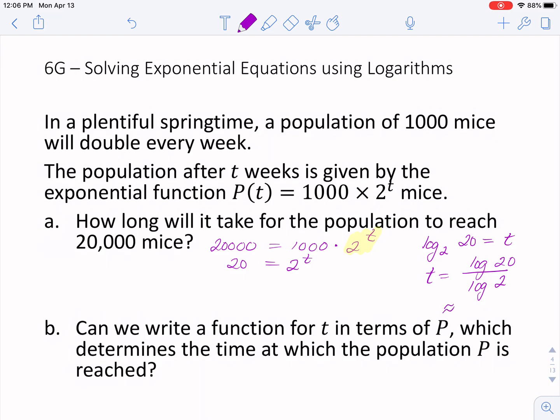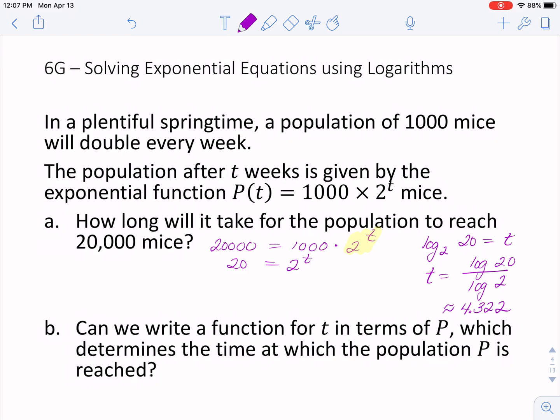We could enter this into our calculator as log of 20 divided by log of 2, or 4.322. So that's how many weeks it would take for the population of 1,000 mice to double to reach 20,000. Wow, that's really not that long. That's a lot of mice.